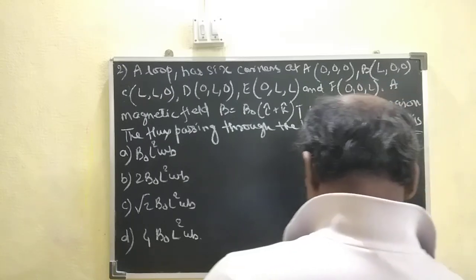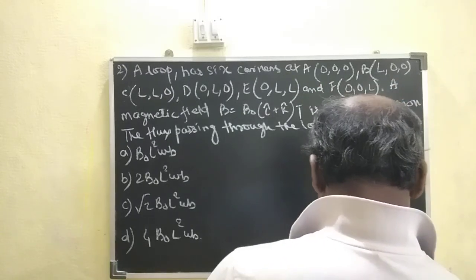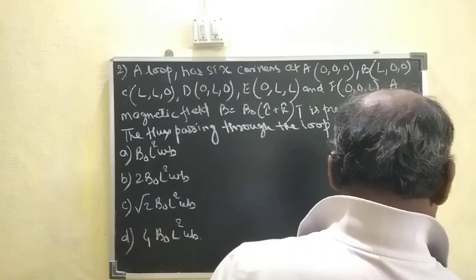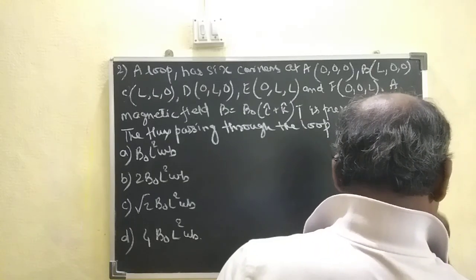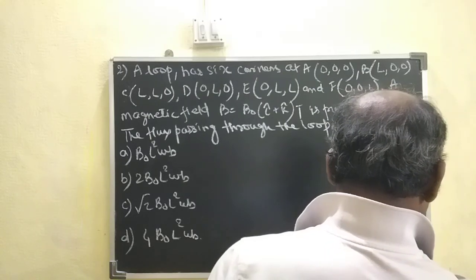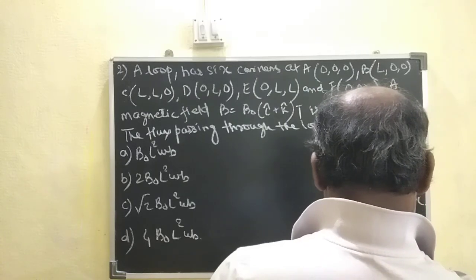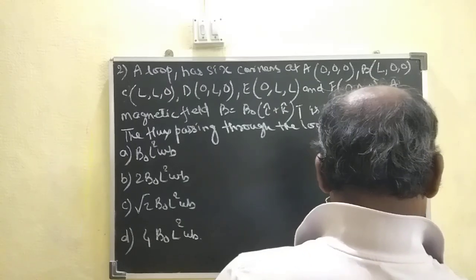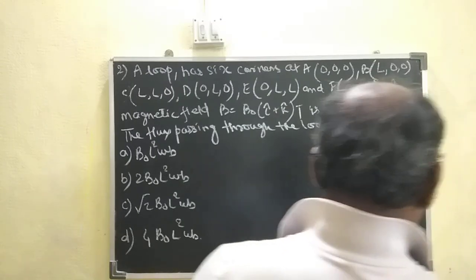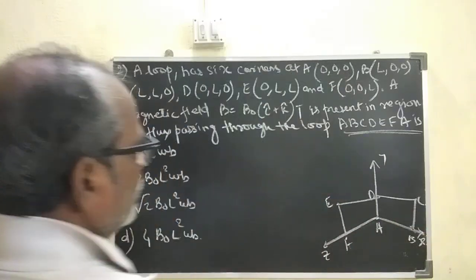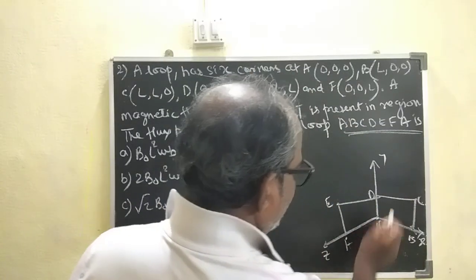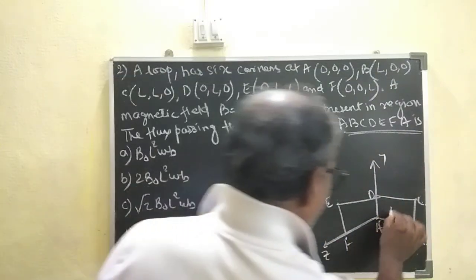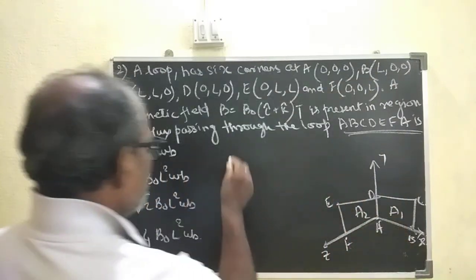This is Y, this is Z, this is X. We can write here A, B, C, D, E, this is F, this is A. So we have to find the flux through this loop. Now the very first loop, that is A, B, C, D, is in the XY plane. So we have area A1 and area A2.